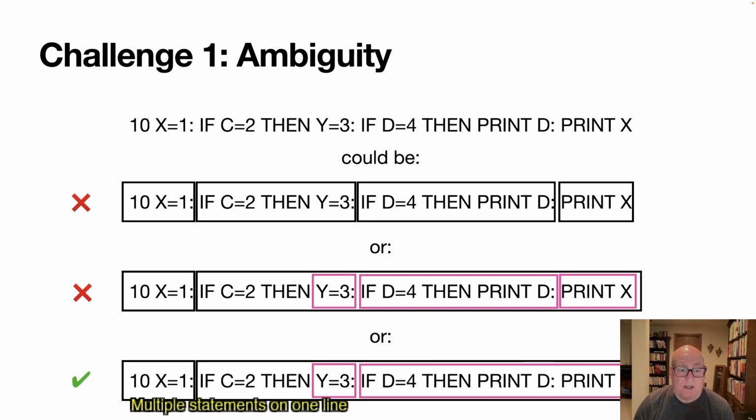Well, the answer we're going to use is the first two are not the interpretations we want. We're going to like that dangling else issue. We're going to take the nearest innermost statements and attach those to that if statement. So if d equals 4, then print d and print x. Now, implementation wise, could you get by with the first version? You might be able to. But I'd like to make our tree reflect the semantics we really want.